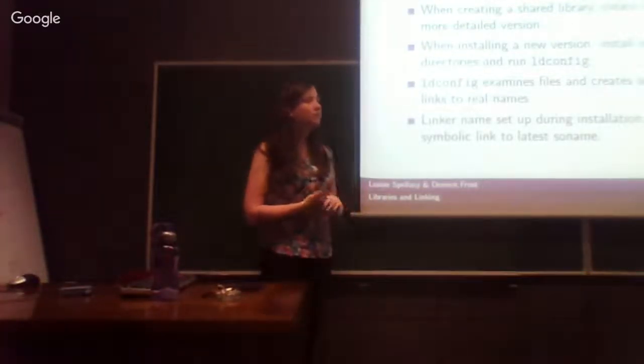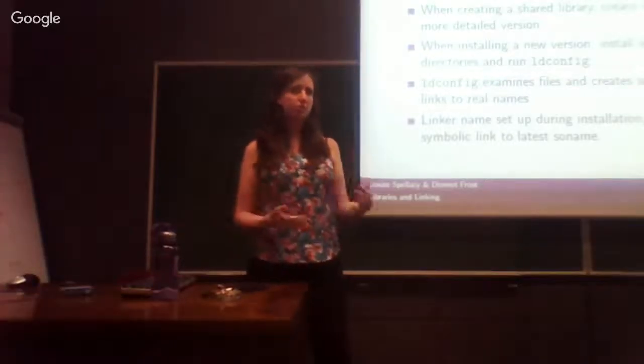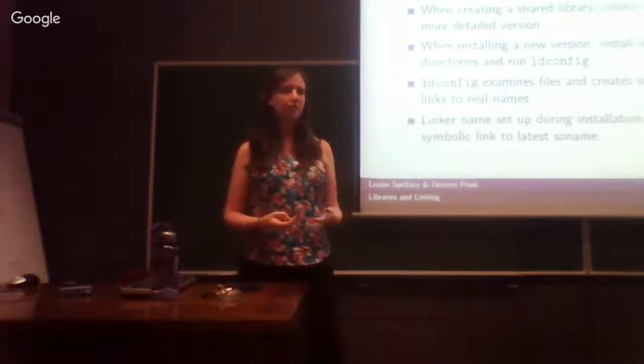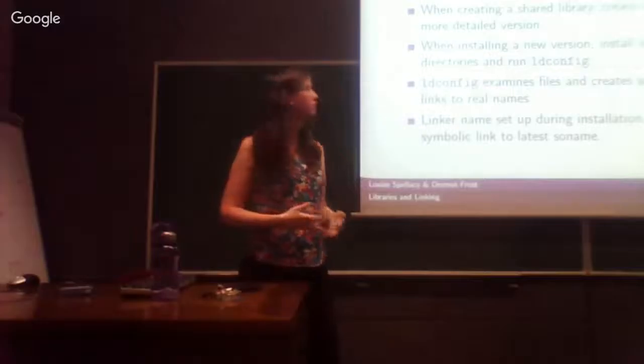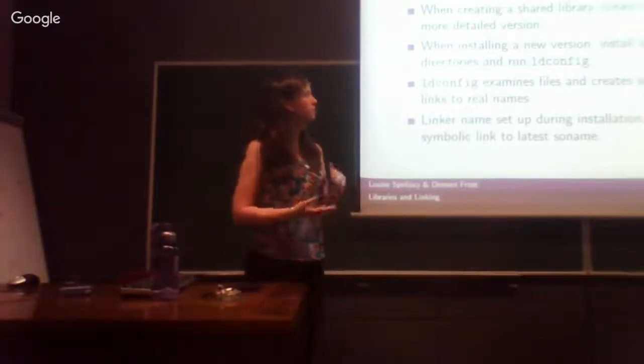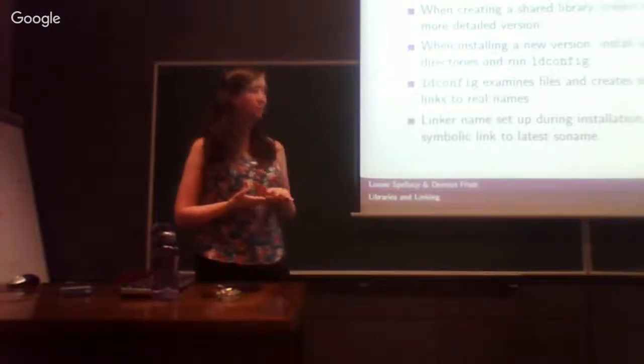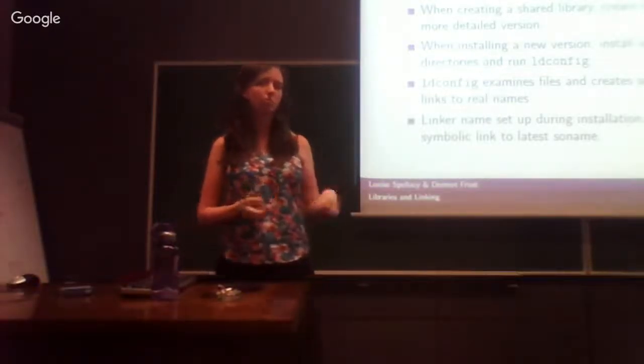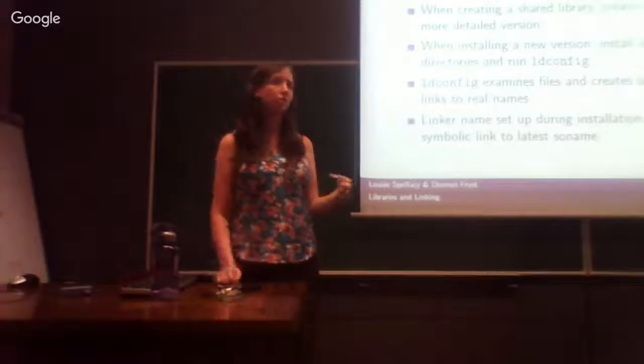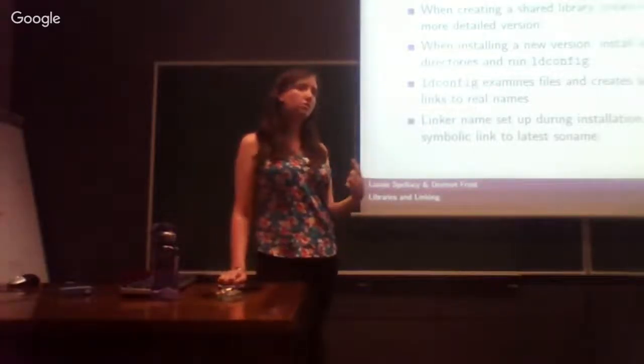So the reason we use these naming conventions is they help us manage our libraries. When programs are using a library, they only call the SO name. When we're creating a library, we create a library with a real name and a more detailed version number. So every time you think you've made a significant change to your library, you would then increase the version number.